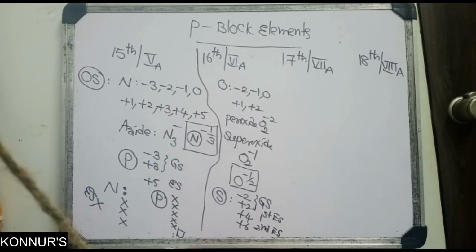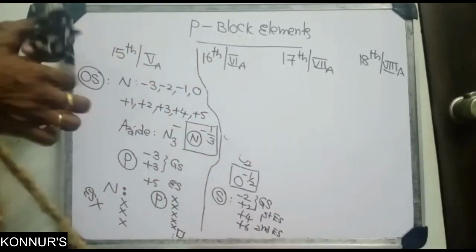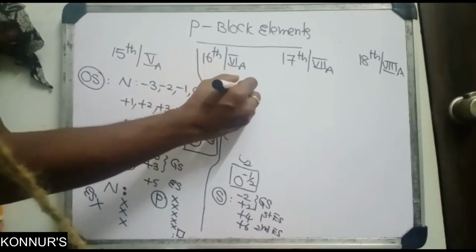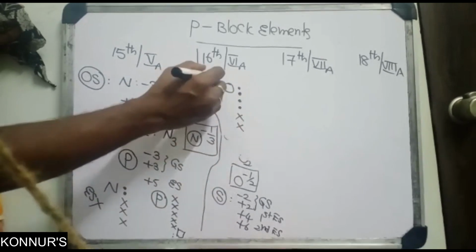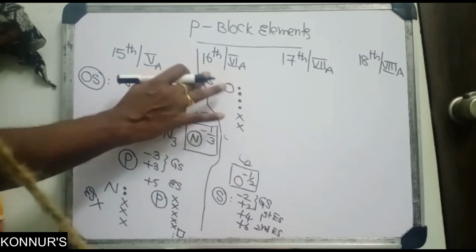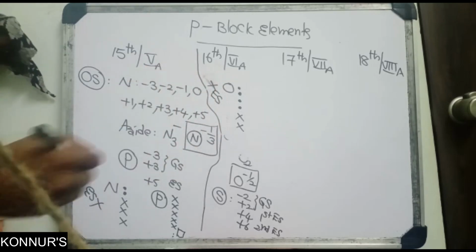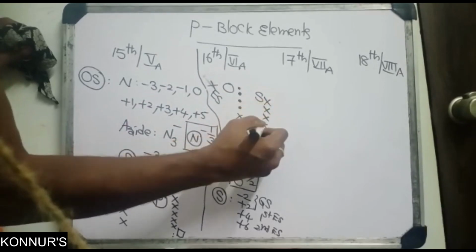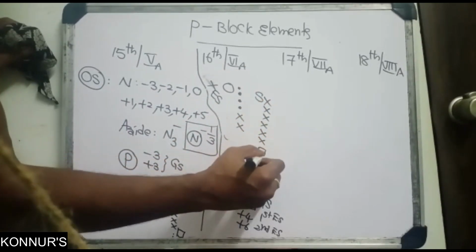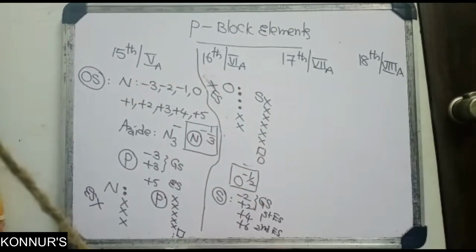So how to write that for oxygen? For oxygen you must write 2 lone pairs and 2 single electrons, because oxygen is not showing excited state. Suppose for sulfur you want to write, 6 single electrons and empty boxes you can write. So that is the writing for sulfur.